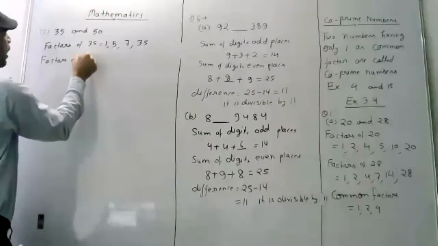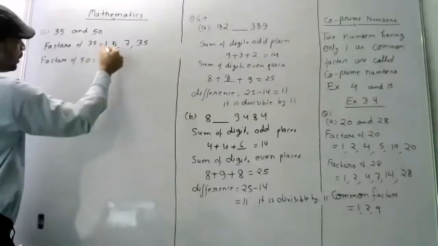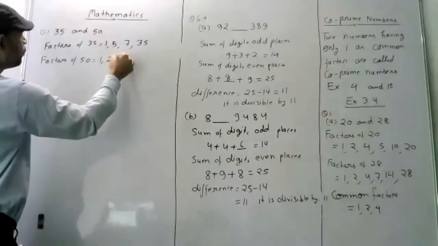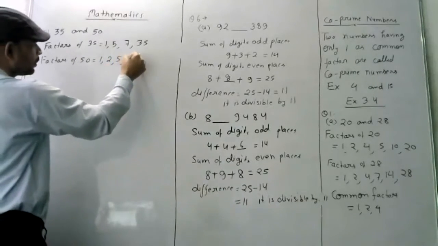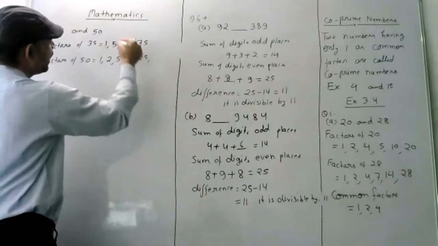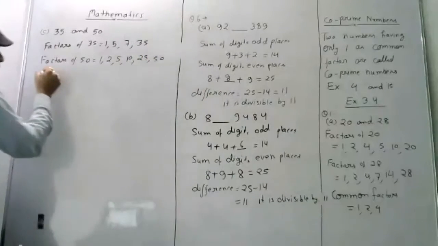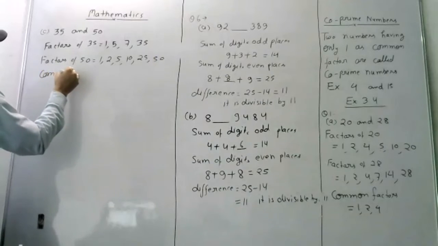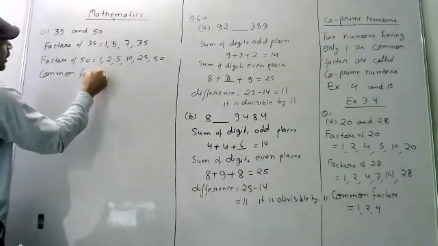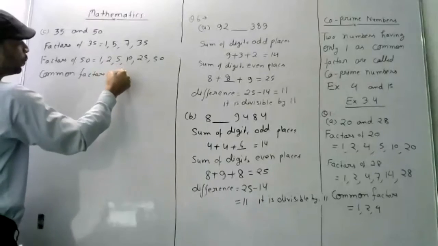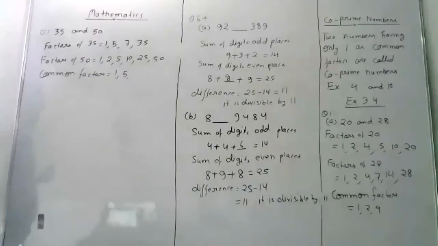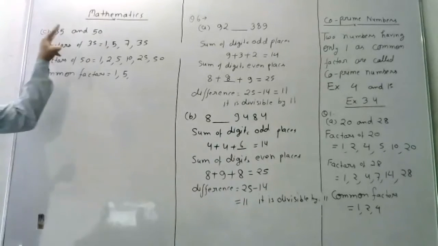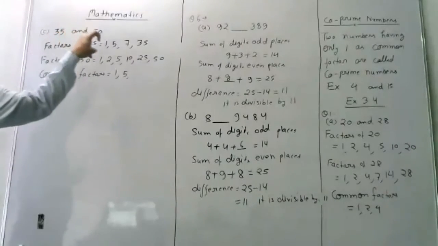Factors of 50 are 1, 2, 5, 10, 25, and 50. Now the common factors are 1 and 5. 1 and 5 are the common factors of these two numbers, 35 and 50.